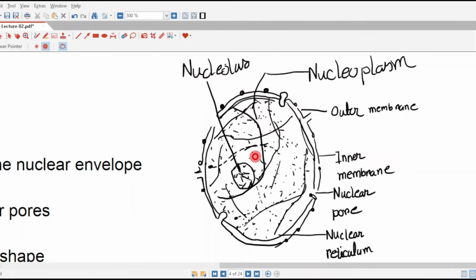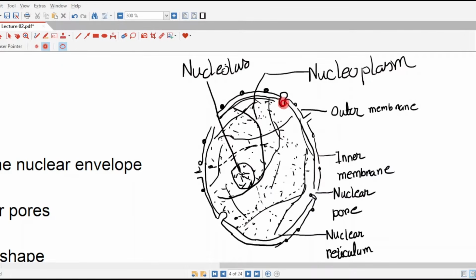In the nucleoplasm you will see another circular structure called the nucleolus, and this nucleolus is responsible for making ribosomal components. And in case of the cells which are rapidly dividing, the nucleolus will be large in size.